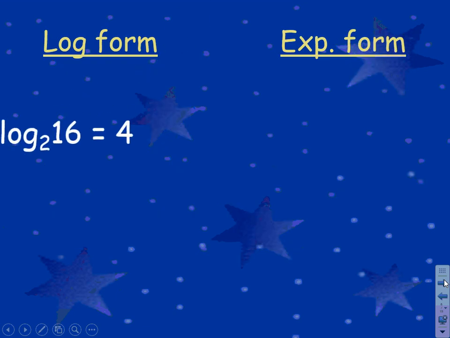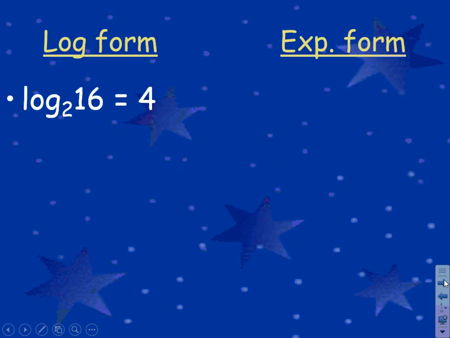Okay. So here's your log form we're going to give you first. Read that again to me. Don't say "of" twice. Log base 2 of 16 is equal to 4. So I always use the circle method, just to remember what I start with, what my exponent is, and what my answer is.